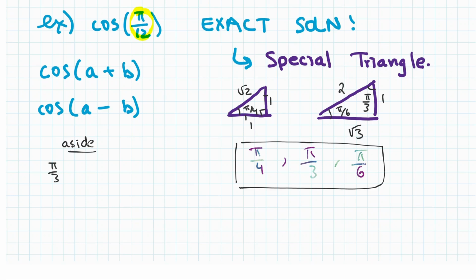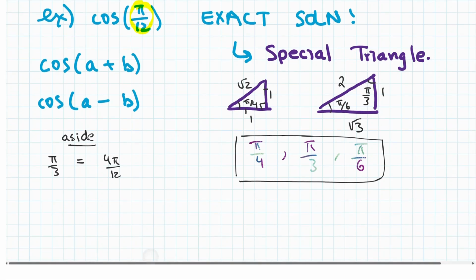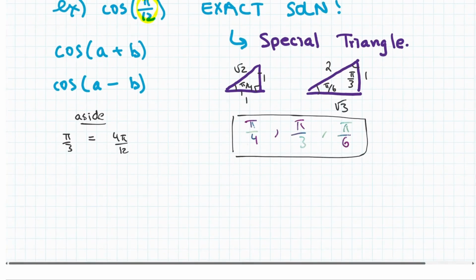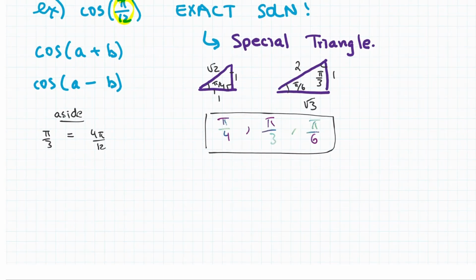So pi over 3 is equivalent to 4 pi over 12. I'm just multiplying the numerator and denominator by 4. Pi over 6 is equivalent to 2 pi over 12. And lastly, we have that pi over 4 is equivalent to 3 pi over 12.